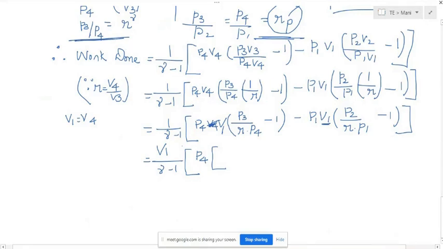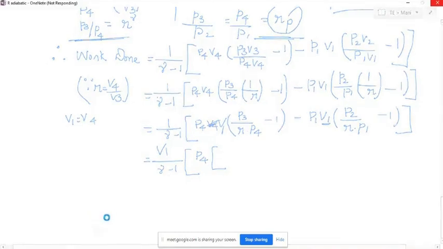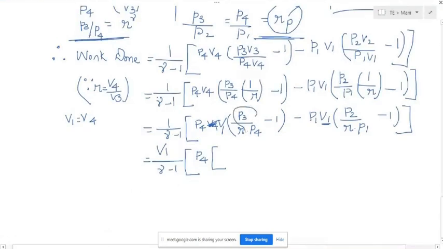So instead of P3 divided by P4, I can write r power gamma divided by r, minus 1, minus P1 into P2 divided by P1. So what is P2 divided by P1?